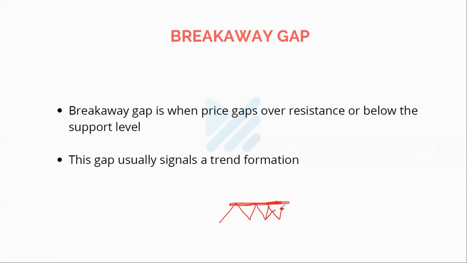The previous day, it closed around here. Next day, the market opened here. That means that particular stock opened here, and maybe with this type of candle, which means that the gap itself broke the key resistance level. So since it is breaking that particular level with a gap, it's called a breakaway gap.